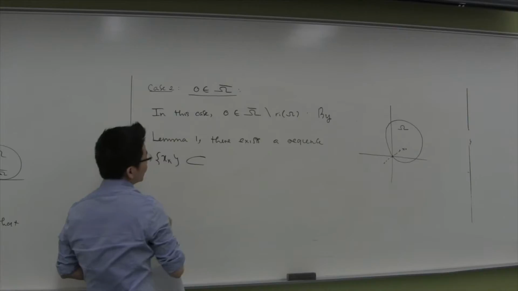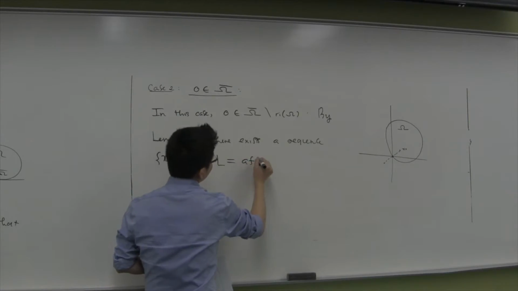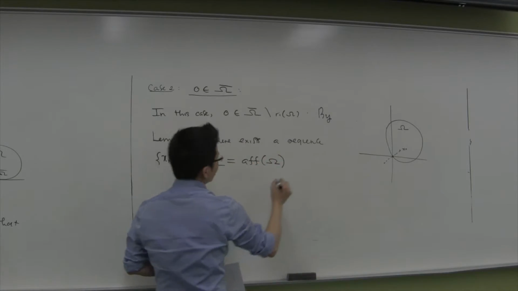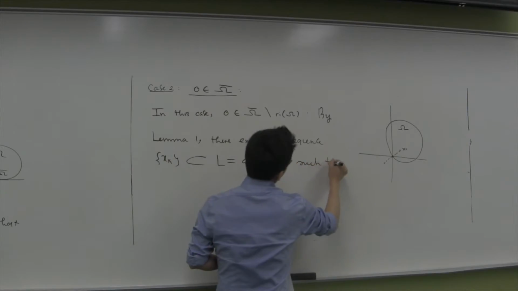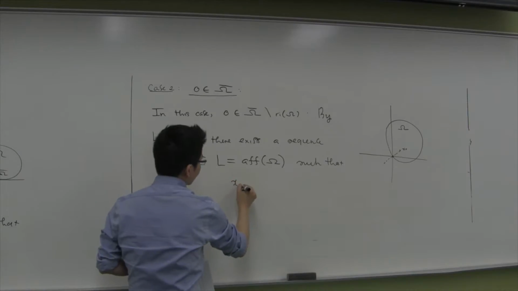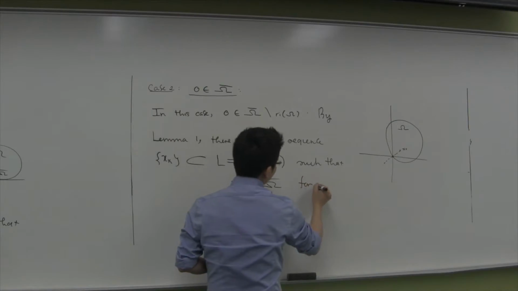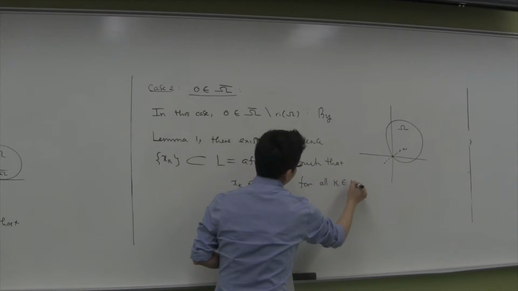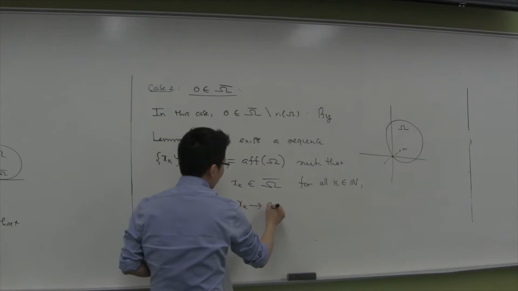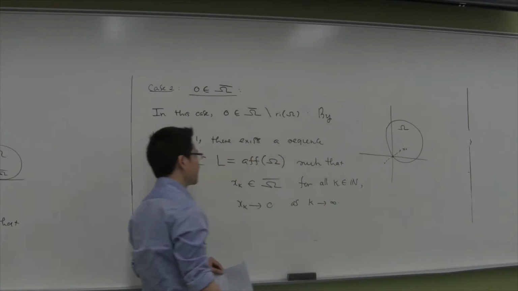This sequence xk can be chosen in L, which is the affine set generated by the set omega, such that xk doesn't belong to the closure of omega for all k, and also xk converges to 0 as k approaches infinity.